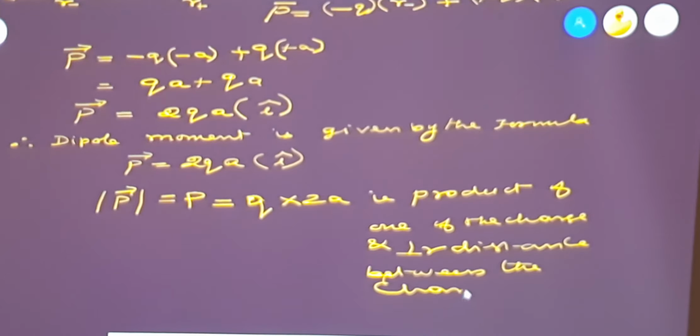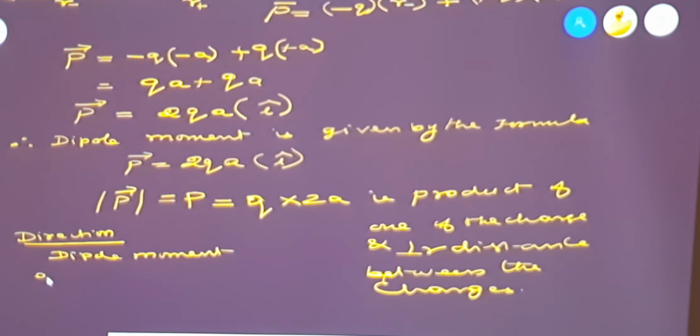This is what we call the dipole moment. Now consider the direction: the dipole moment always acts from minus Q to plus Q, that is from the negative charge to the positive charge.